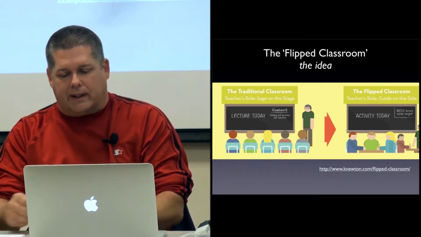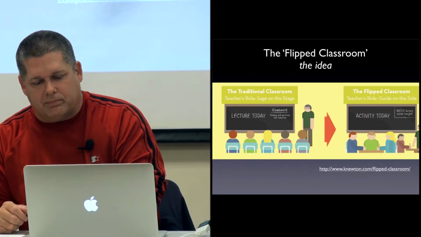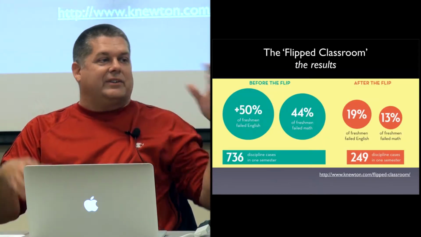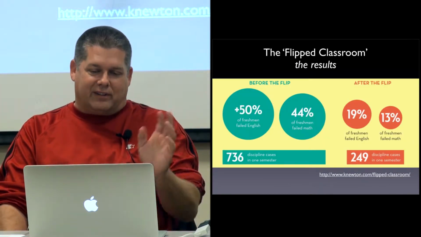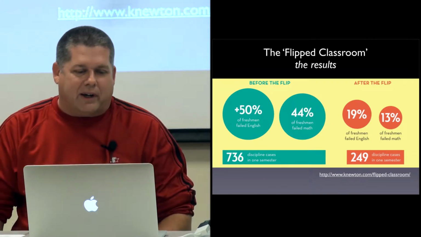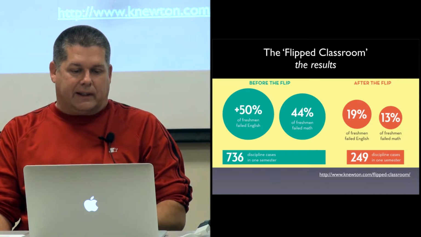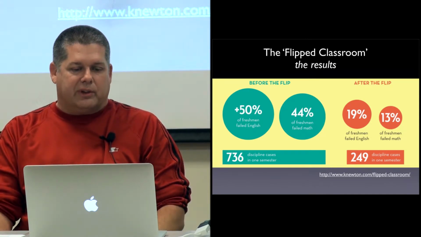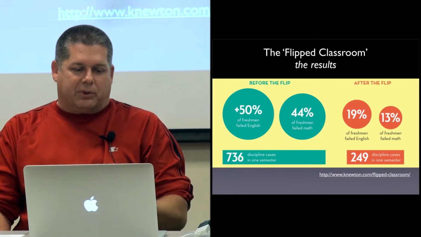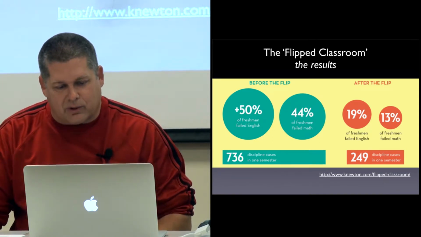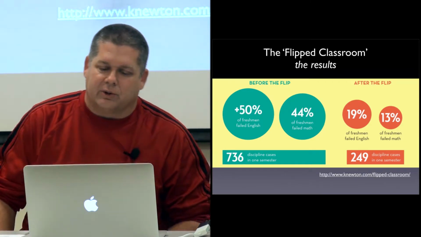So there's been some recent studies, and of course you can find studies that show just about anything, but I found this one that talked about some pilot studies where they tried flipping the classroom in a few freshman classes. This one showed great improvement from 50% failed freshman English and 44% failed freshman math.